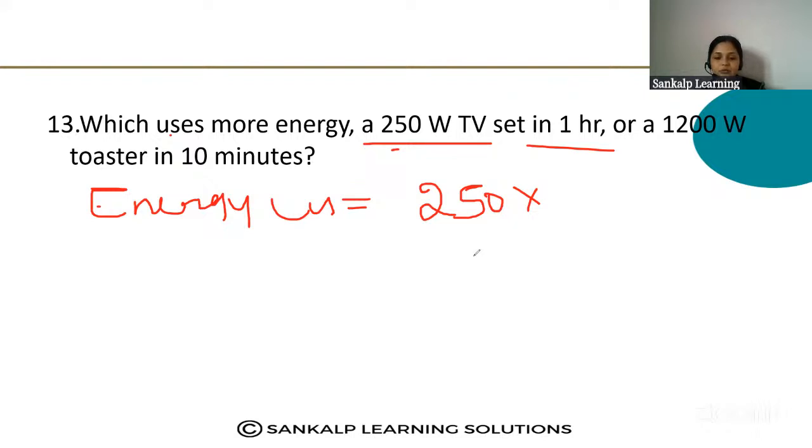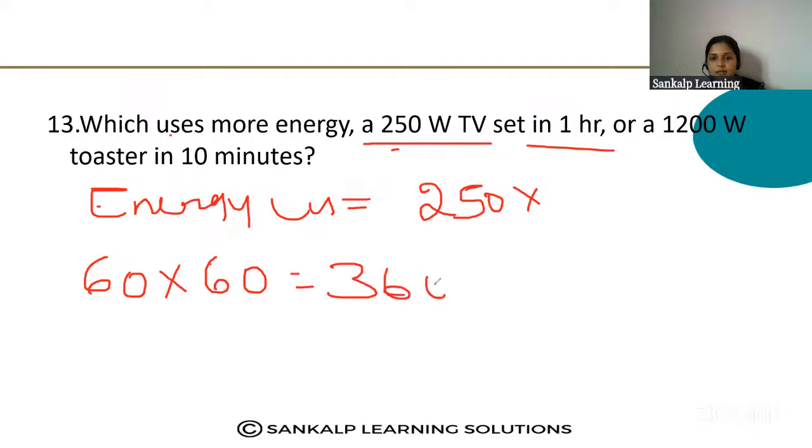So 1 hour means how many seconds? 1 hour means 60 minutes, and 60 minutes means 60 times 60 seconds. So the total is 3600 seconds, right? So you have to convert.